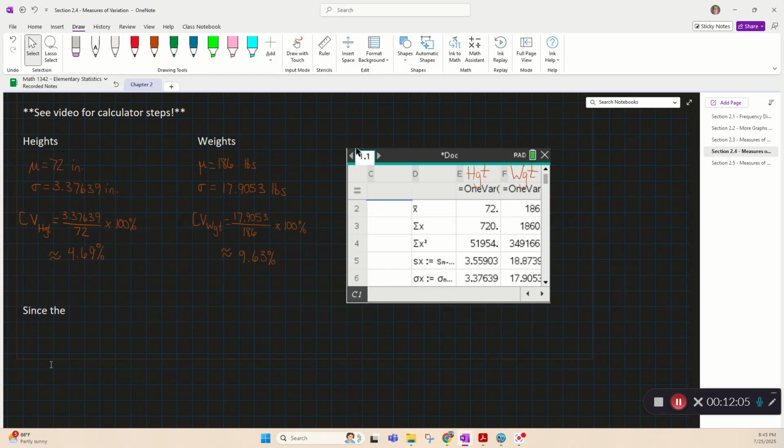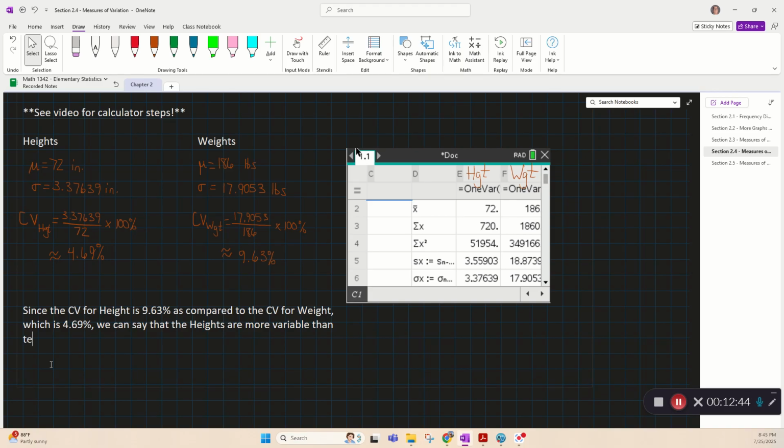Since the CV for height is 4.69% as compared to the CV for weight, which is 9.63%, we can say that the weights are more variable than the heights.